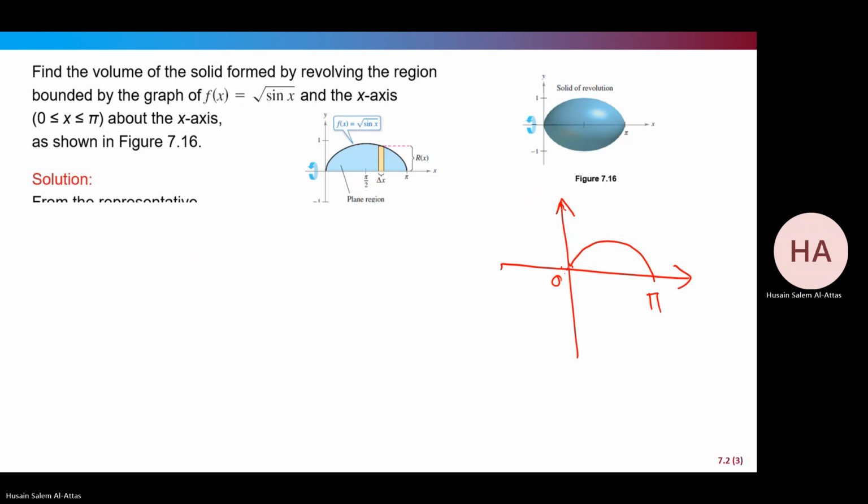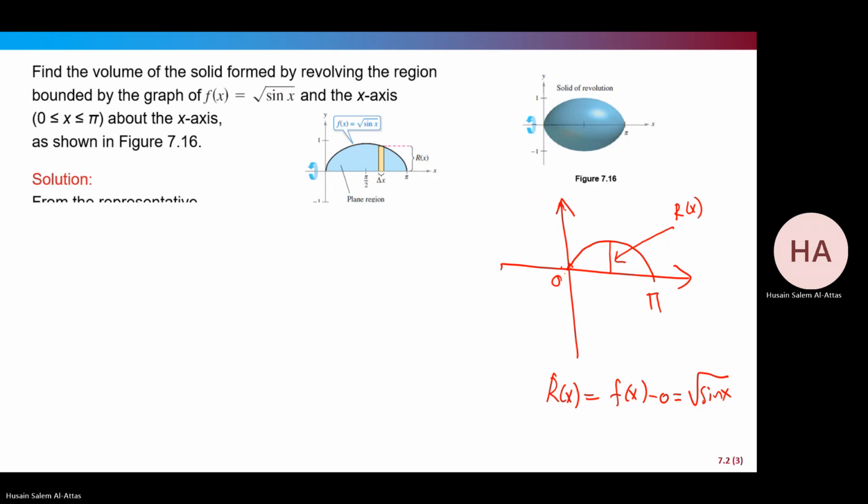So we draw this line, and this gives me r of x, which is what in this case? R of x in this case will be the function minus 0. F of x minus 0, which is square root of sine x.